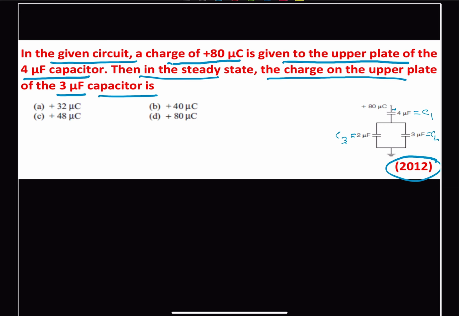Most capacitor questions can be solved by using the fact that the charge in the system is conserved. If it is an isolated or closed system, once the capacitor is charged and the supply is removed, the charge will remain constant no matter how many capacitors we connect to that charged capacitor. So total charge in a closed system remains constant.